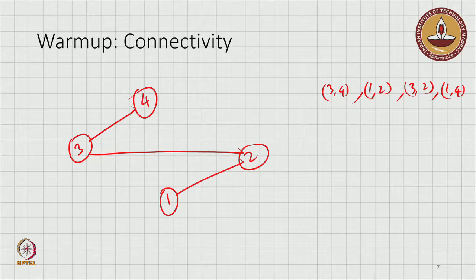Now the question is, what do we do with the edge 1, 4? Just to remind ourselves, we got the edge 3, 4 first, then 1, 2, then 3, 2, and now 1, 4. But the whole point of this problem is to check for connectivity, and given the information that we have, we already know that 1 and 4 are connected. With that being the case, there's no real virtue in including the edge 1, 4 in our data structure, so we simply avoid this edge.